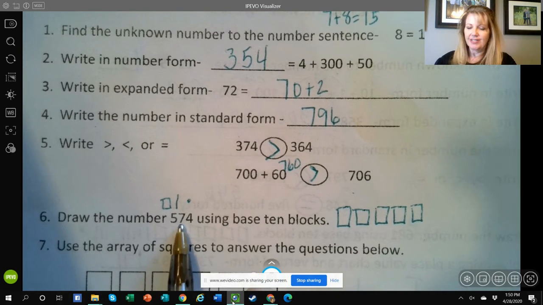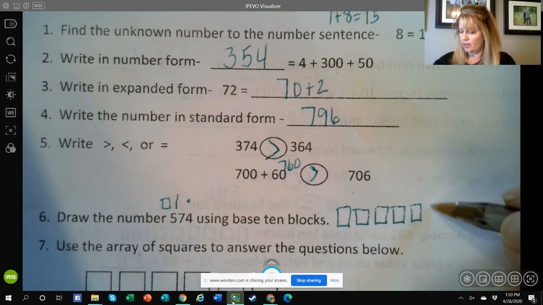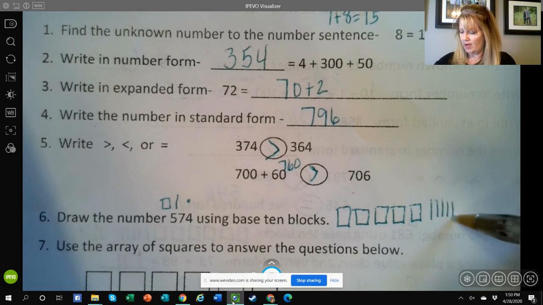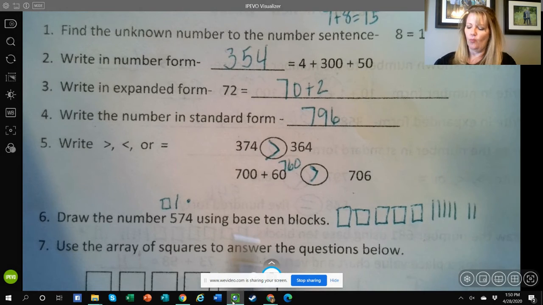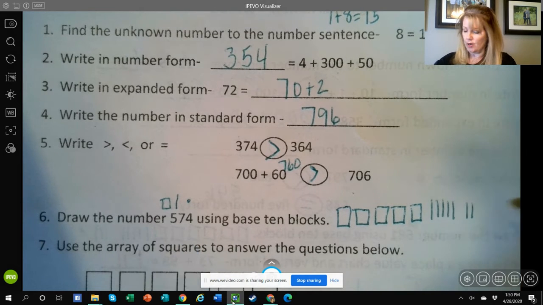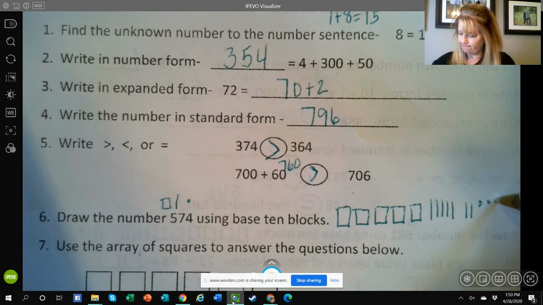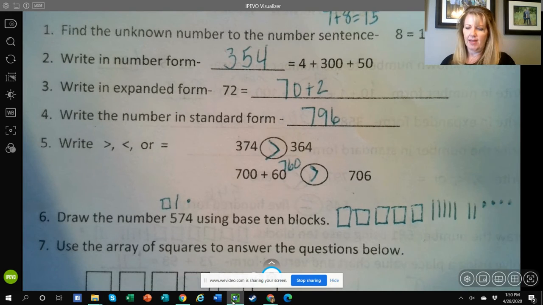Our tens are 7 tens, so we need 7 sticks. 1, 2, 3, 4, 5, 6, 7. And our ones are 4, so we need 4 dots. Okay, there you got it. That's our number 574.